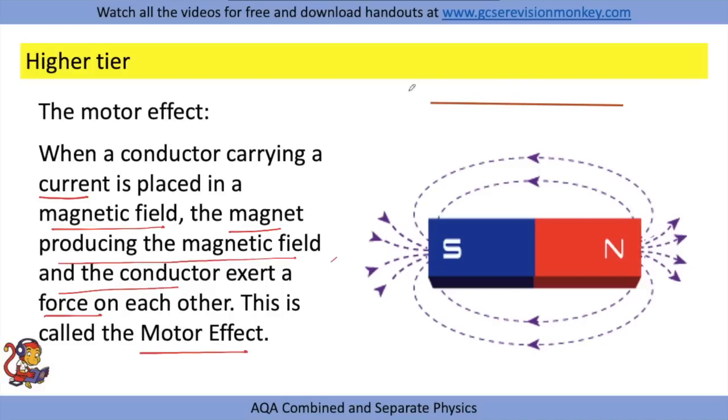So if this wire here was carrying a current, if we were to place this inside the magnetic field of this bar magnet, the magnet and the wire would both exert a force on each other, because don't forget, this wire, because it's carrying current, will also be producing its own magnetic field, and that's why they produce a force on each other.